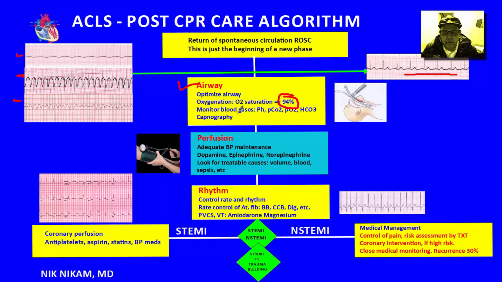And capnography is a must for all post-cardiac arrest patients. This will tell us how well the body is able to produce carbon dioxide and, more importantly, transport this carbon dioxide from all different areas of the body through the lungs and adequately exchange this carbon dioxide for oxygen.